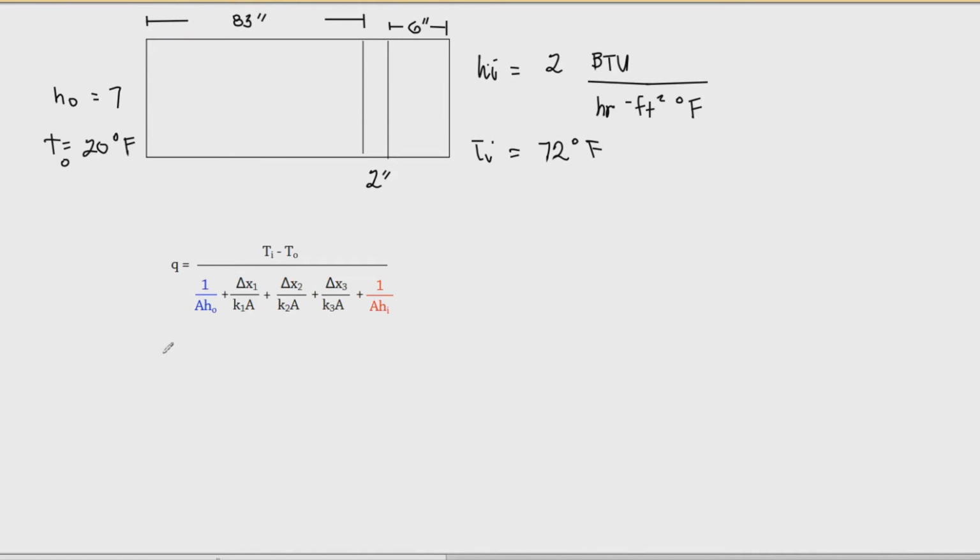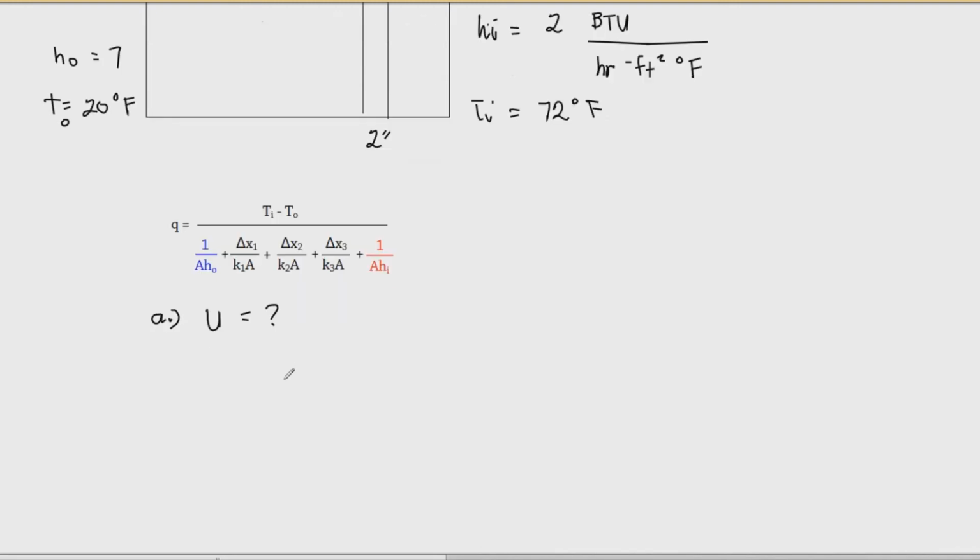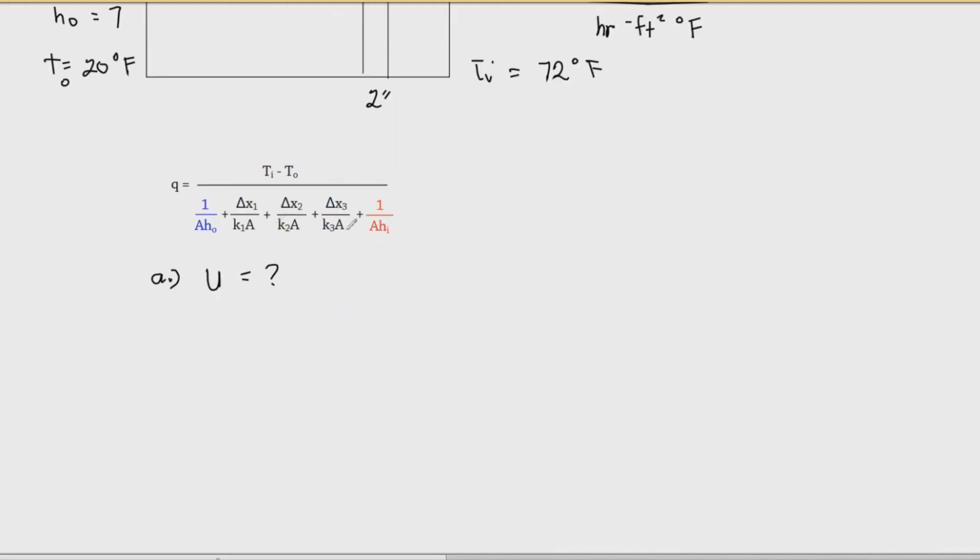The first one is, we are tasked to find the value of our overall heat transfer coefficient, which is our U. So the capital U, remember, is actually the reciprocal of all these terms that we have here. I'm just solving for A from this equation, so this one is equal to U, area, and delta T. So we just need to find all the values of 1 over HO, delta X1 over K1, and so on, and then take the reciprocal of that.